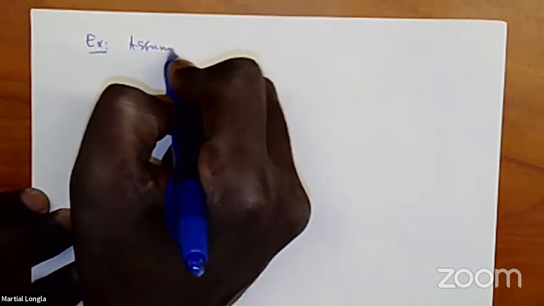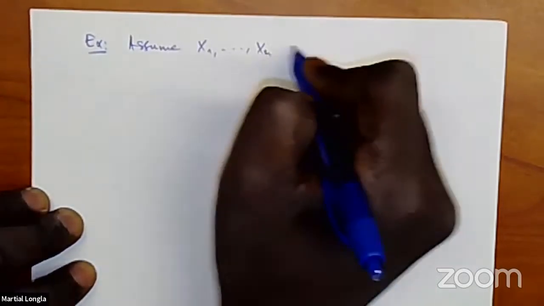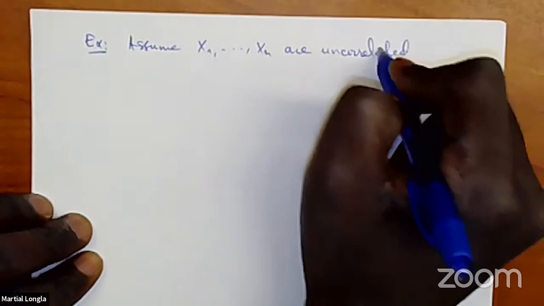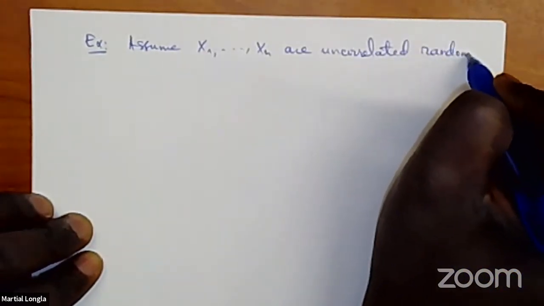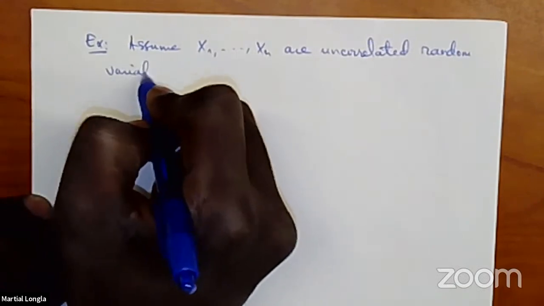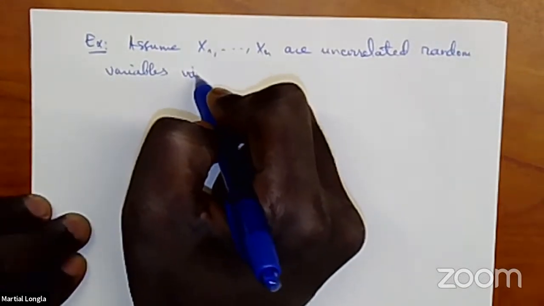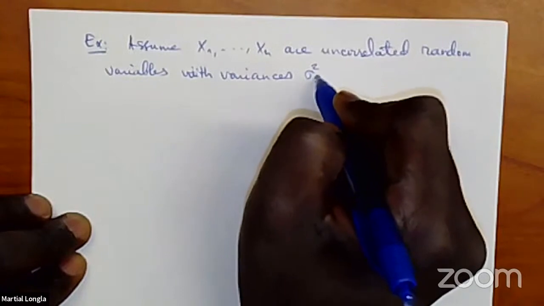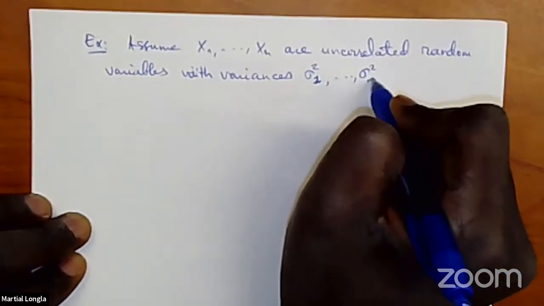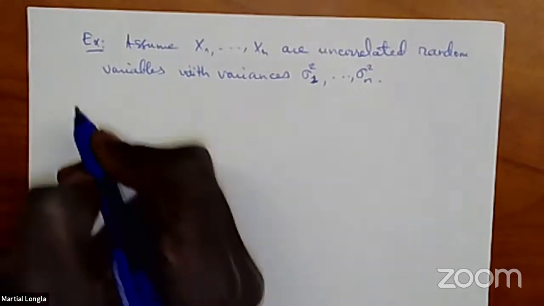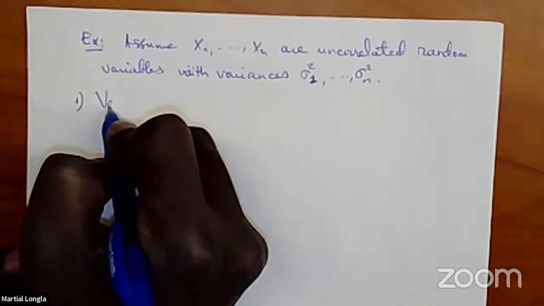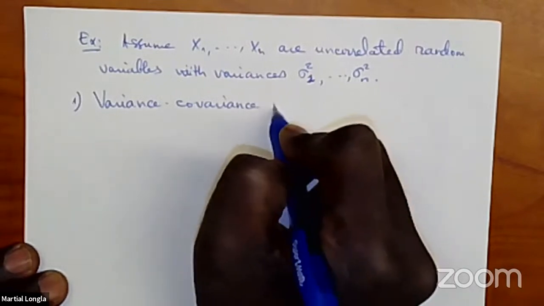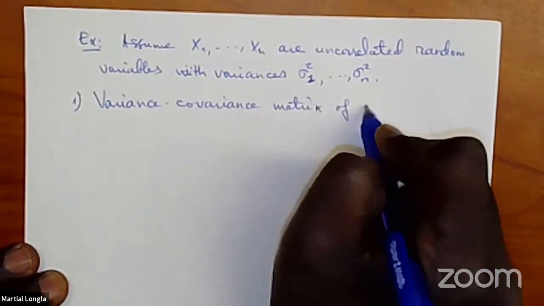Assume x_1 to x_n are uncorrelated random variables, I'm not going all the way to independent, with variances sigma squared 1 down to sigma squared n. Question 1: find the variance-covariance matrix of x equals x_1 to x_n transpose.